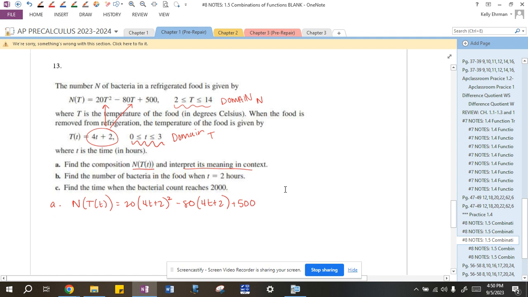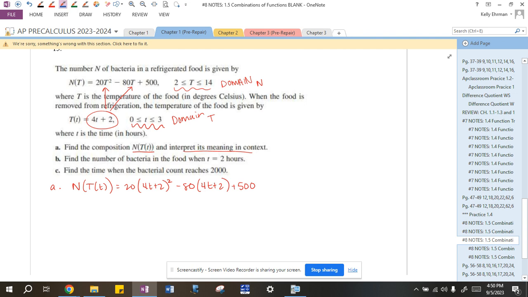Now remember, when you're doing domain, you've got this inner function that says t needs to stay between 0 and 3. The inner domain needs to be satisfied. And we don't have any capital T's on this side of the equation, so I don't need to worry about stipulating that capital T should be between this and this. Restricting lowercase t to 0 to 3 is the only thing that we care about. That's the only variable, the only input on the right side.